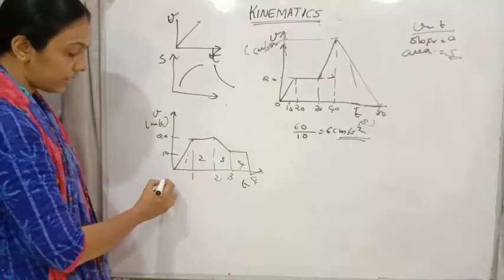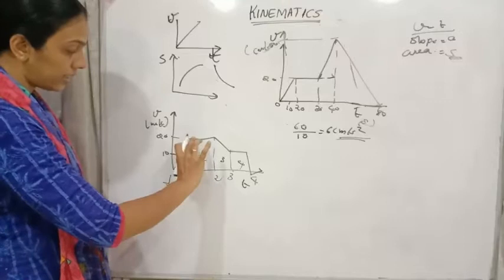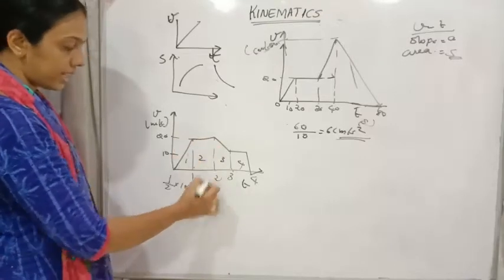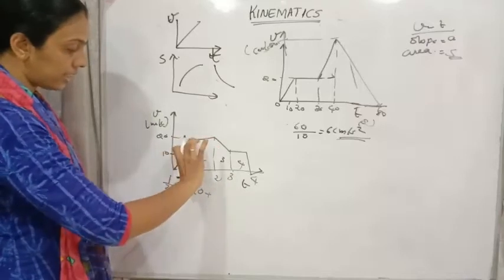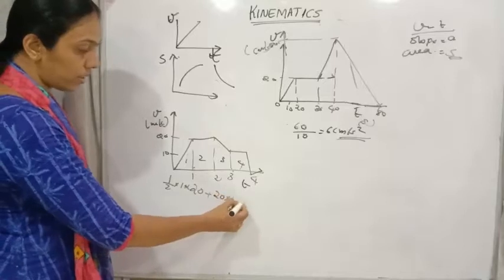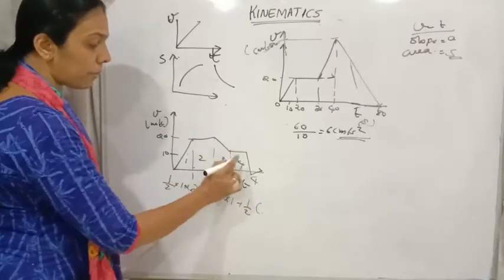First is a triangle. Area of the triangle is half into base into height, that is 20, plus then this is a rectangle. So here in the rectangle, length into breadth, 20 into 1. This is a trapezium, half into the sum of the parallel sides.